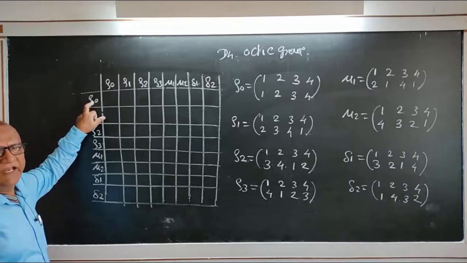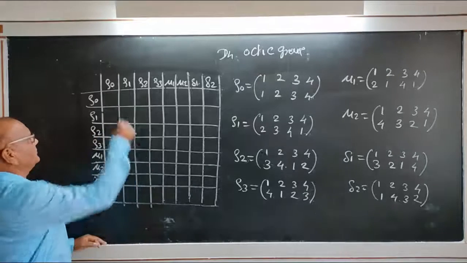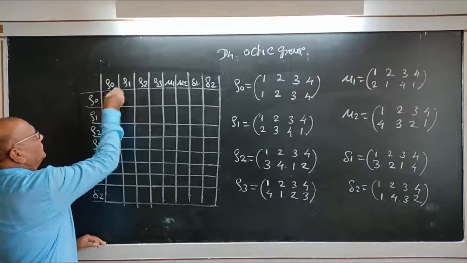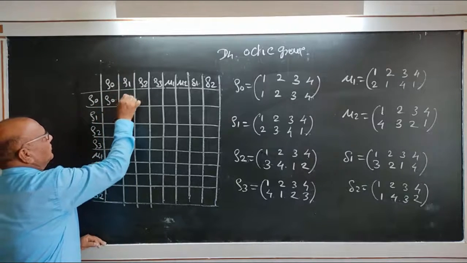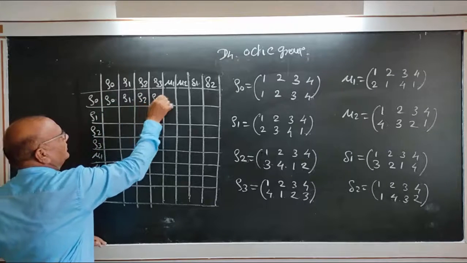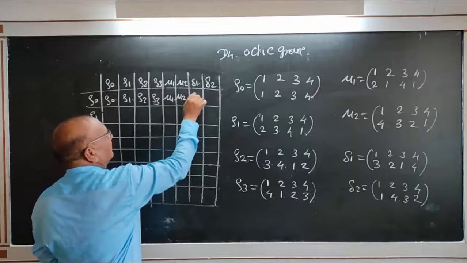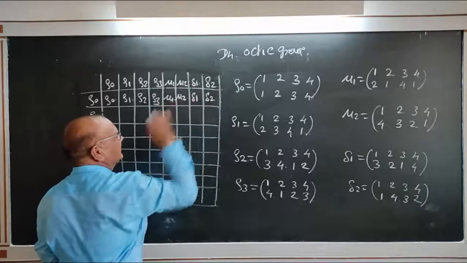Rho 0 is the identity element. So rho 0 times rho 0 is rho 0, and rho 0 times each of rho 1, rho 2, rho 3, mu 1, mu 2, delta 1, delta 2 gives the same element.